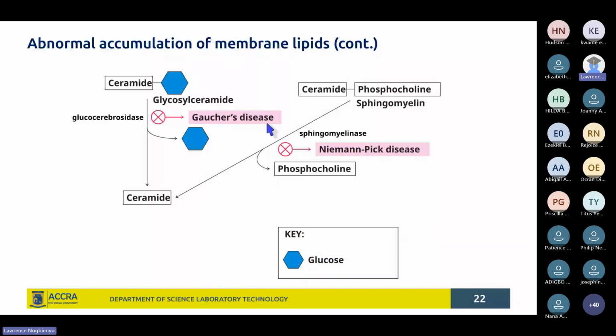Another is deficiency of sphingomyelinase, responsible for the breakdown of sphingomyelin, and that condition is Niemann-Pick disease. All of these are nervous system conditions resulting in different symptoms, particularly neurodegenerative disorders, intellectual disabilities, and mental health disorders.